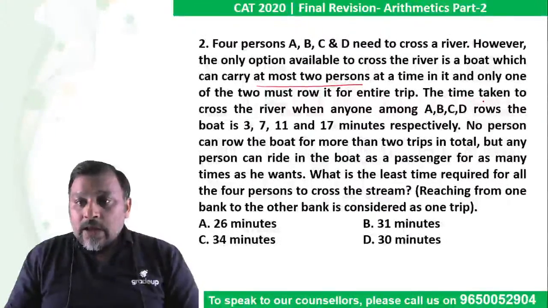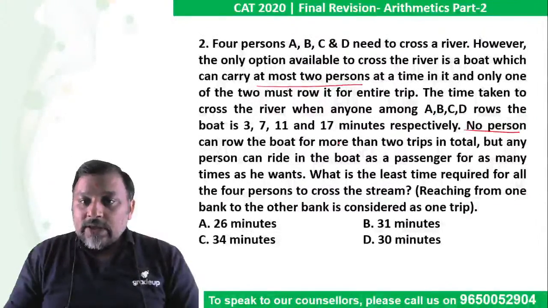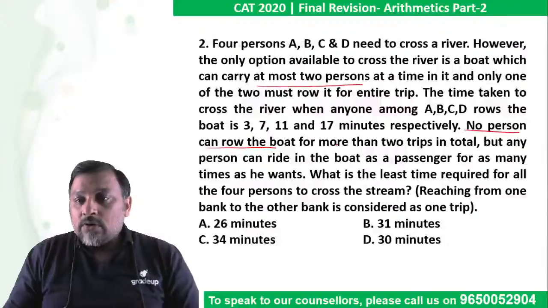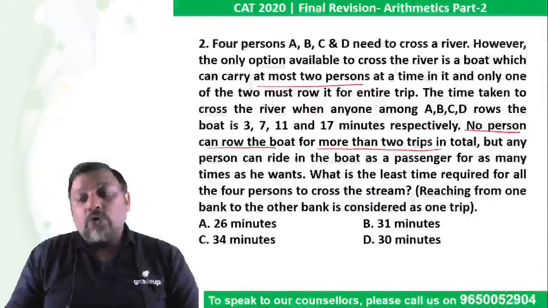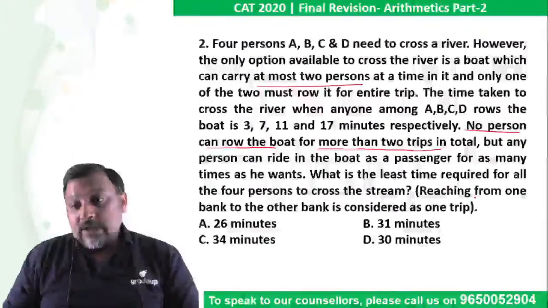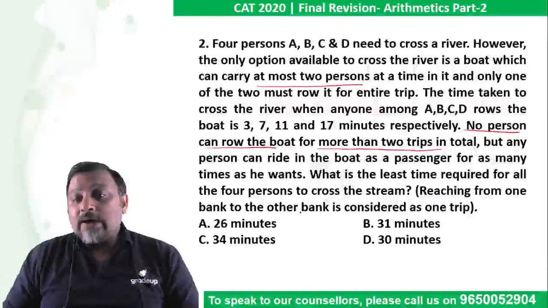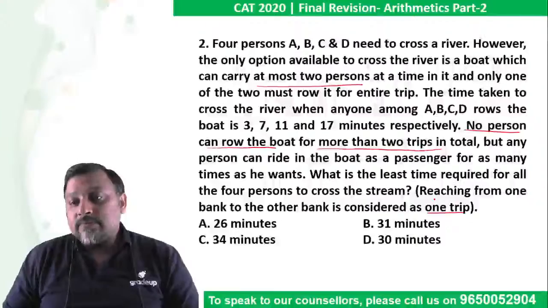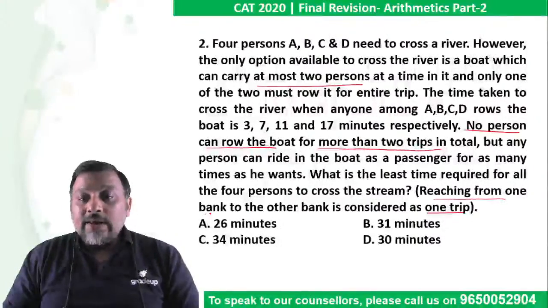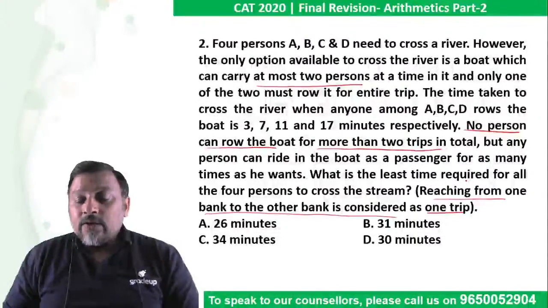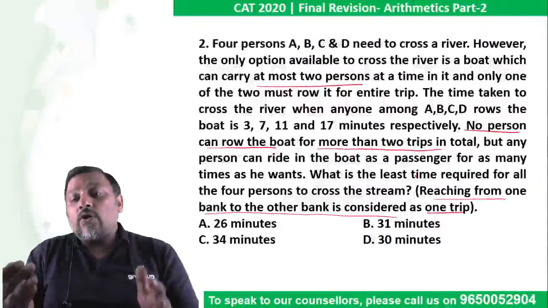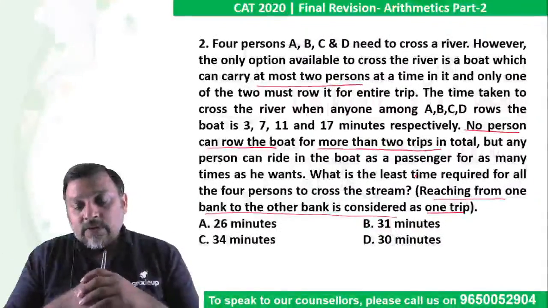And then one more constraint is given: no person can row the boat for more than two trips in total. And this is how the trip is defined, that reaching from one bank to the other is one trip. So I need to minimize the time for all four to cross the stream.